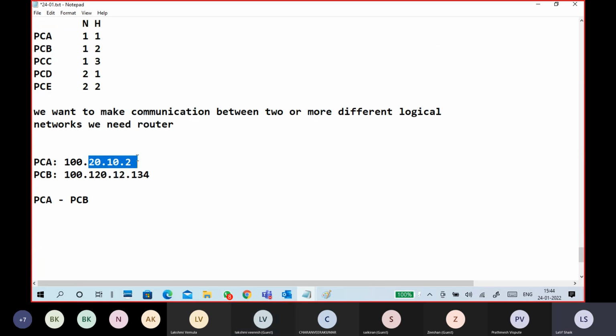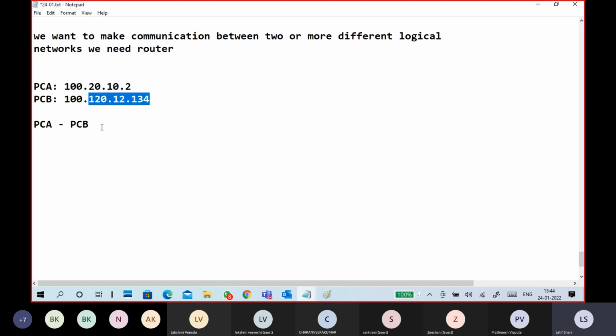That's it. Whether the remaining is the same or not is a different point. So PC A and PC B can communicate with each other.